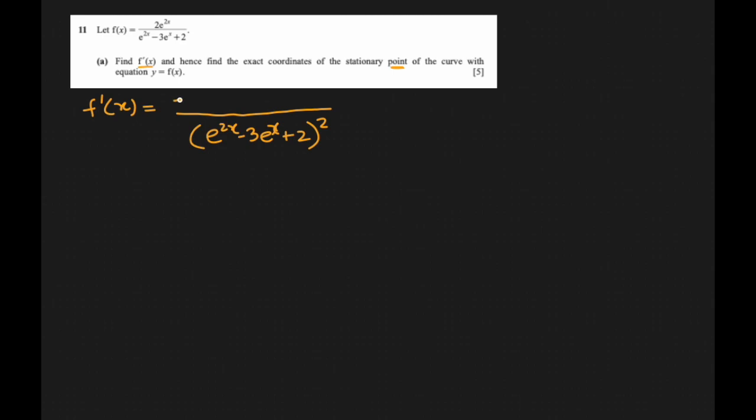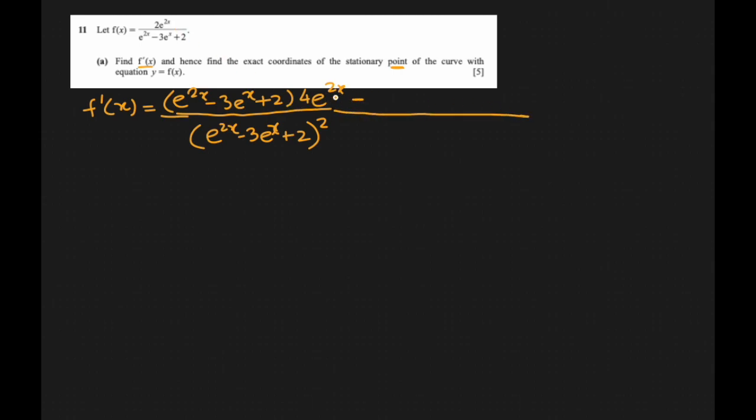Then we write exactly the same denominator, without the square, and multiply it with the derivative of the numerator. The derivative of the numerator will be 2 e to the power 2x multiplied by 2, the derivative of the exponent, so it becomes 4 e to the power 2x. Then subtract.